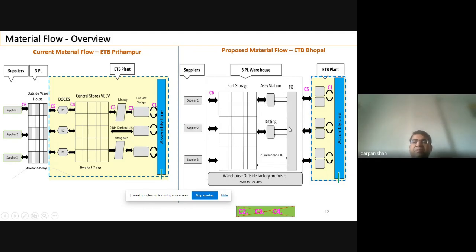After that, the finished product as required at the assembly line is supplied directly in DOL, direct online, and in just-in-sequence manner. So this saves a lot of time, a lot of cost, and a lot of handling is saved in this concept.